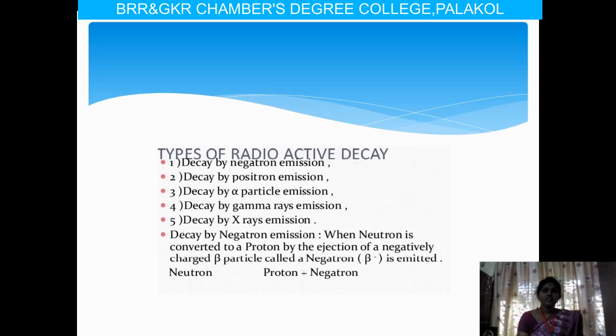We have different types of radioactive decay: decay by neutron emission, positron emission, alpha particle emission, gamma ray emission, and also X-ray emission. These are the different types of emissions.